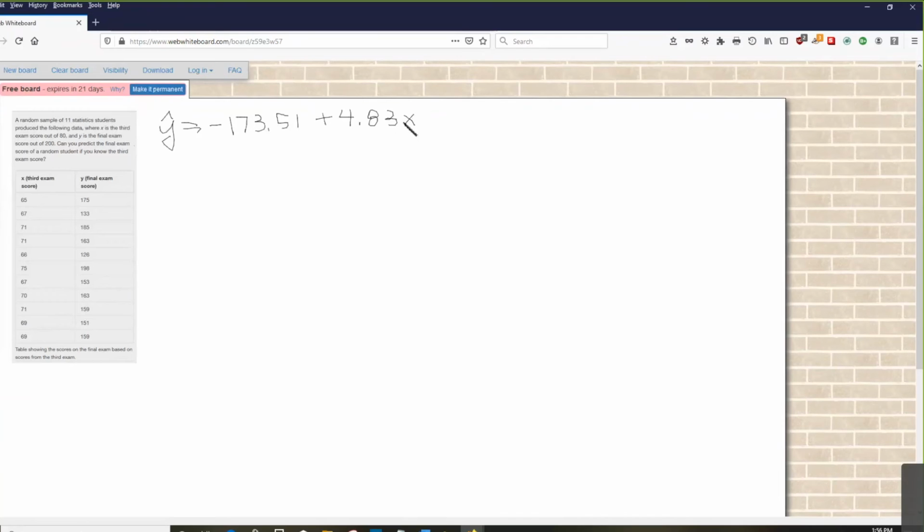We've proved everything, so that tells us we can use this line for prediction.